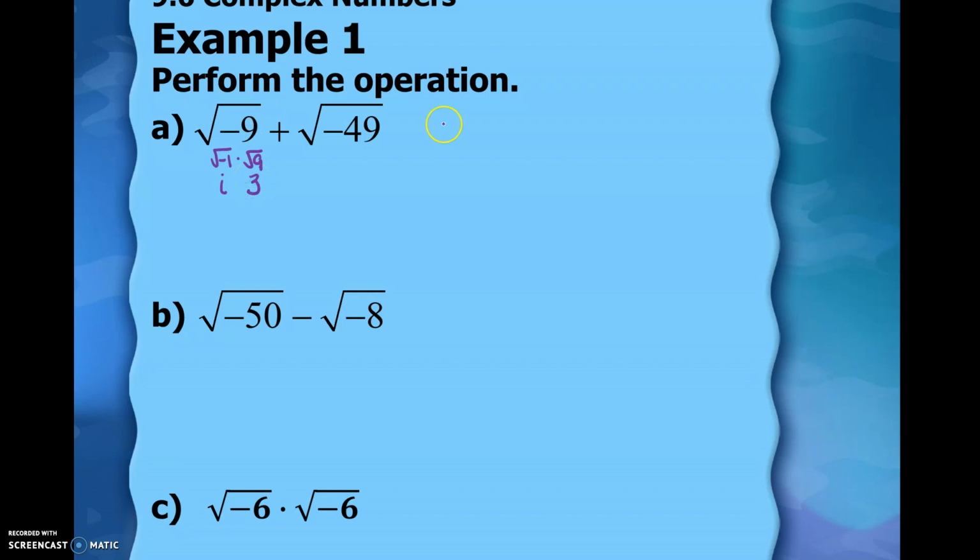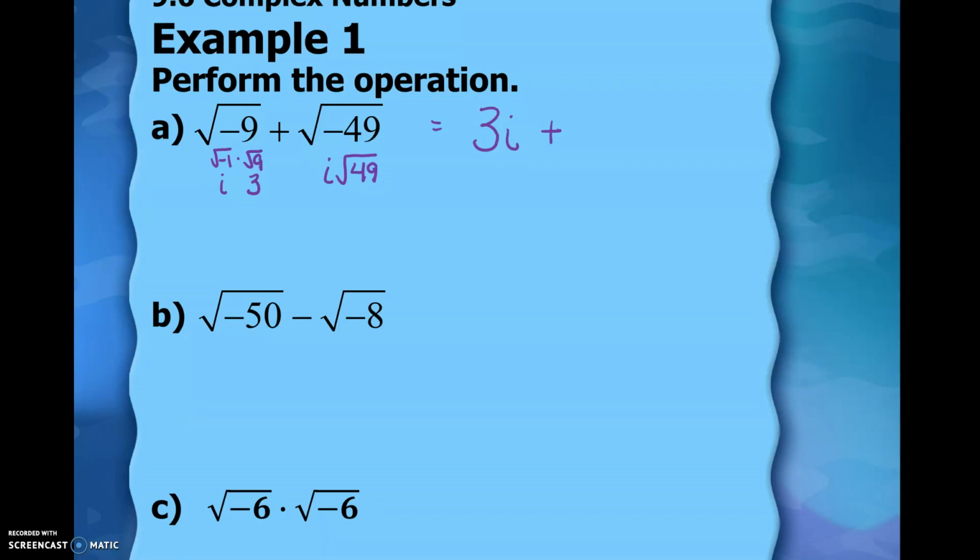So this first term is 3I. You always want to write the whole numbers first and then the I. And then if there was anything left under the radical, you'd write that at the end. The shortcut is when you see a negative inside a square root, you know immediately that you've got I times that radical.